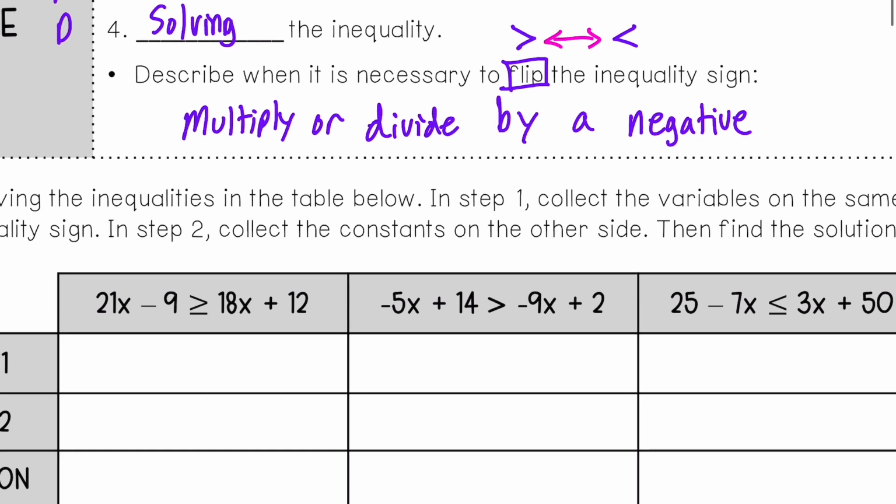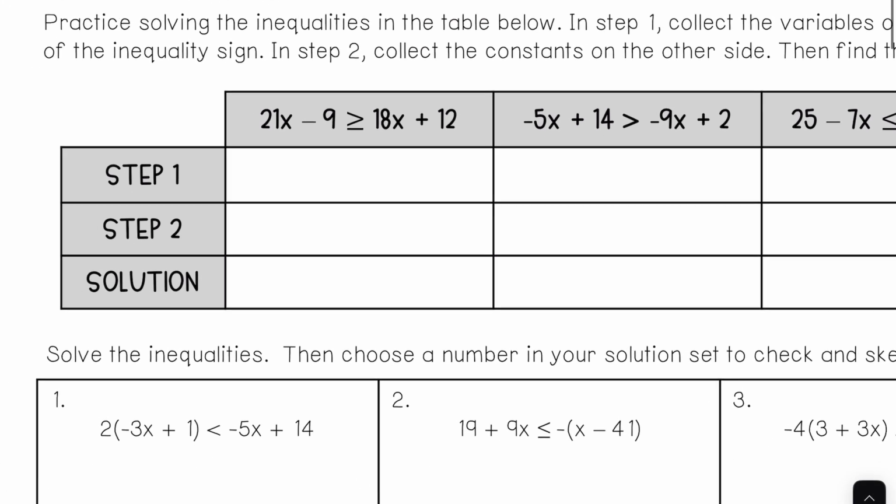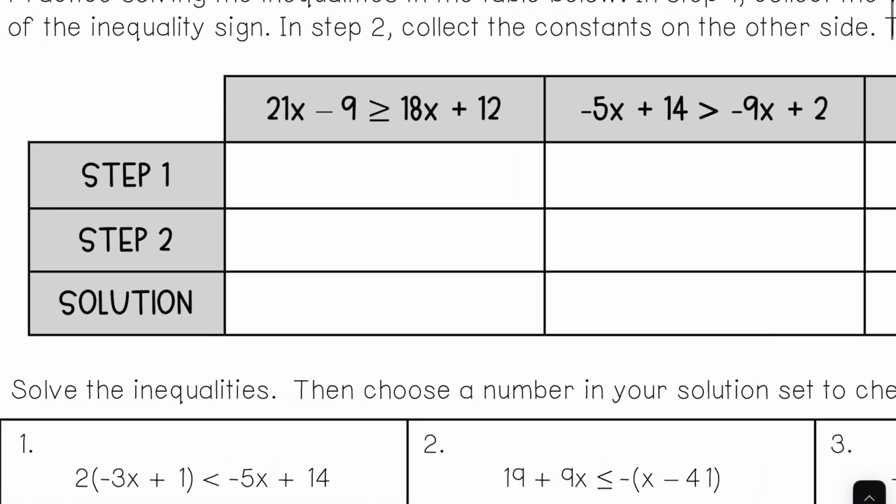So let's take a look at our very first problem here. It looks like a 3-step problem, so it should be done in these 3 steps. Step 1 was, again, to either distribute or combine like terms. Well, if I cut this right down the middle, it looks like there are no like terms on the left, and there's nothing to distribute.